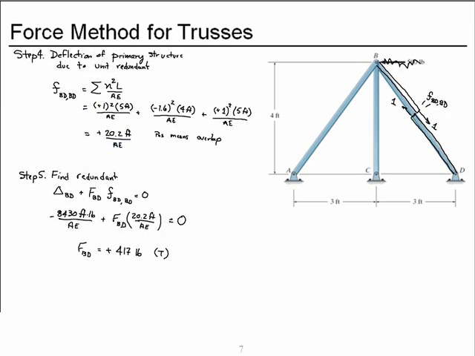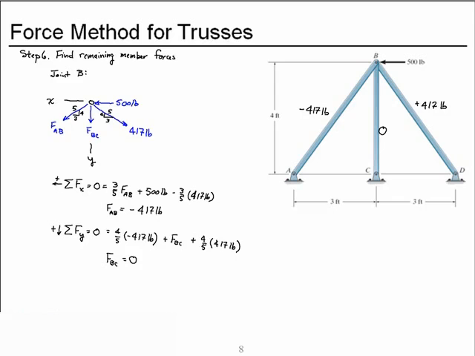We then found the deflection of that primary structure due to a unit redundant, which looks exactly the same as when our virtual load is applied. So we calculated that, found it to be positive, which means that when the unit redundant is applied in tension, we get an overlap at the cut in member BD. We combined that information and found the redundant.